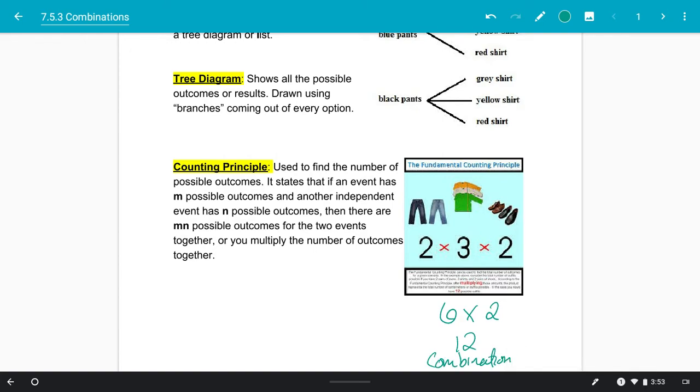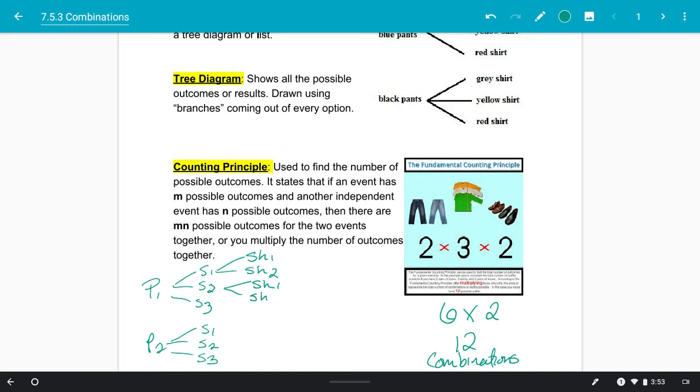That's a really quick way of figuring out how many combinations I have without having to make that tree diagram of, so let's say, pants 1 and pants 2, and then I would have my shirt 1, shirt 2, shirt 3, and I'd have to do that again here. And then I would have another branch for my shoes, so I'll use SH for shoes.